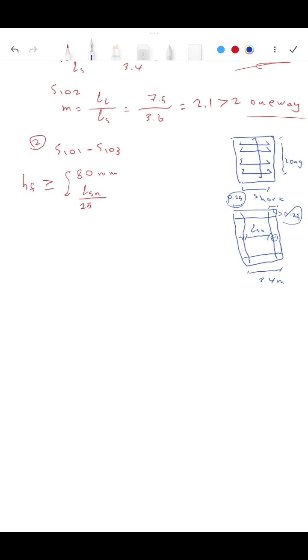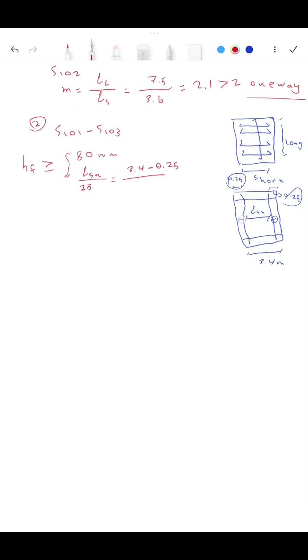We will be subtracting from the LSN. So we will say LSN equals 3.4 minus 0.25. As I said again, 0.25 is this one plus this one, because they will be subtracted from the LSN, from the 3.4.